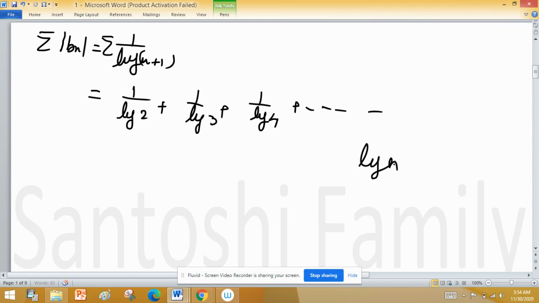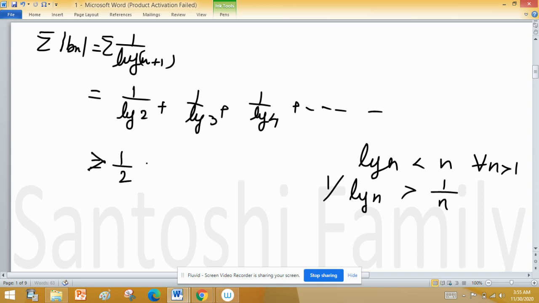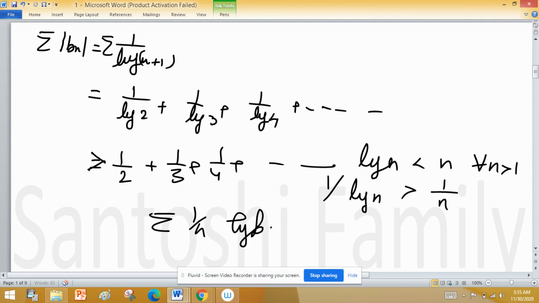Now log n is always less than n for all n greater than or equal to 1. So its reciprocal will be greater than 1 upon n. It means this will be greater than 1 upon 2 plus 1 upon 3 plus 1 upon 4 plus and so on, and this is a series of the type summation 1 upon n, and we know the result.